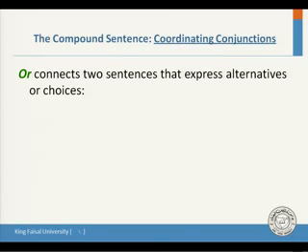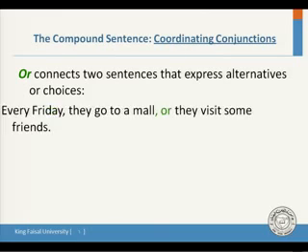How many coordinating conjunctions have we studied? We studied 4 coordinating conjunctions. And, but, or, and so. Or is used to connect alternatives, choices. You have to choose one of 2 choices or 3 choices.